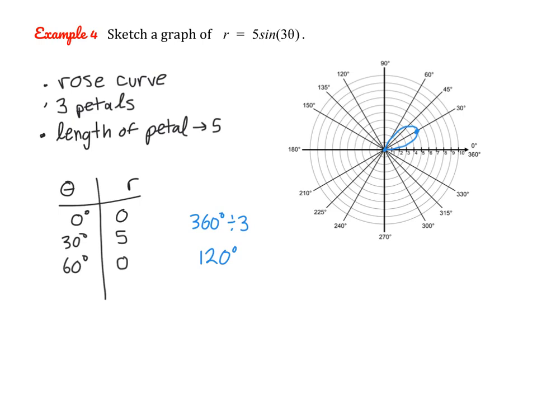Again, it's going to be 5 units out, and it's going to have that same shape like this. Then we add another 120 to that, bringing us to 270. So that's where our third petal will be, and it will look like this. By using what we know about common polar graphs, it can save us a ton of time, and we know exactly what to expect from this equation.